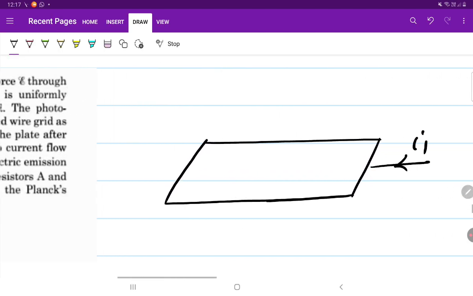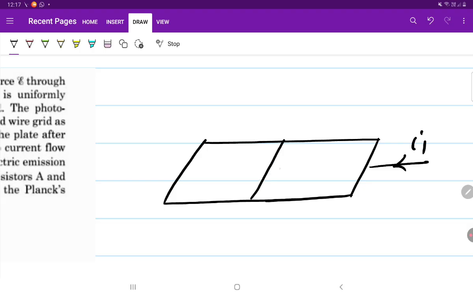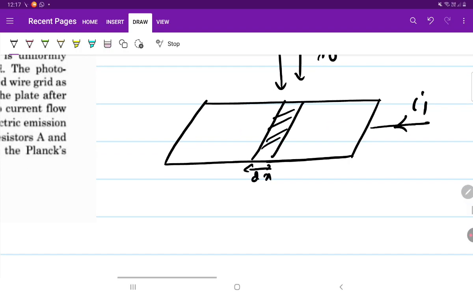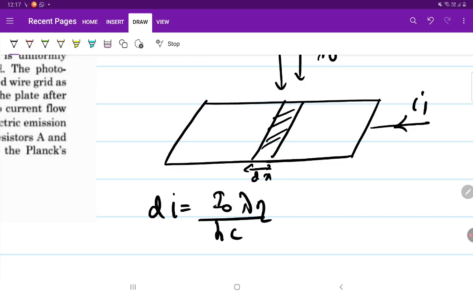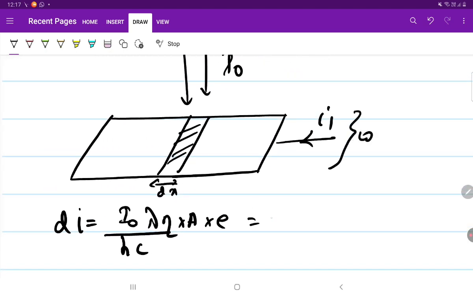So I'm assuming that here's the flow of current. Now consider a small strip of length dx and intensity I naught falling on it. So what is the increase in current dI? We would expect it to be I naught lambda by hc, eta, into area, into E, where area is given as W dx. So dI is lambda I naught eta W dx by hc into E.